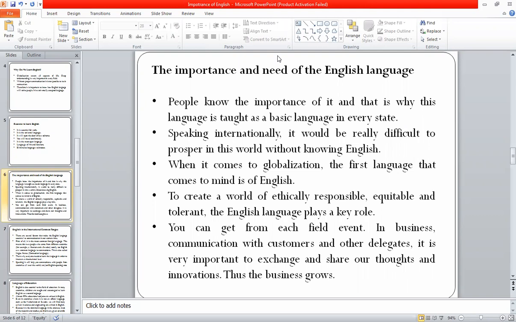To know all this, we have to learn this language.